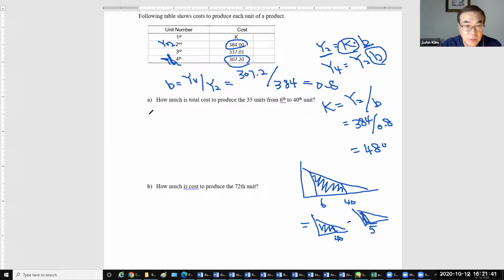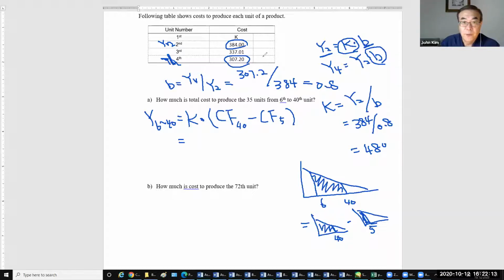So that will be y from 6 to 40 equals K times the cumulative factor of 40 minus the cumulative factor of 5.